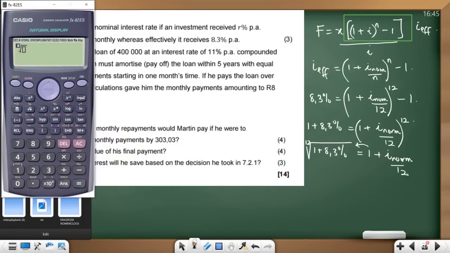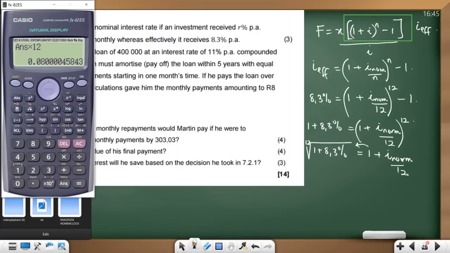I try to do almost everything manually and then get to my calculator. What do I have? 1 plus 8,3%. Now bring the 1 over, minus 1. You see that, right? Now the 12 is the denominator, which I'm going to cross multiply times 12.